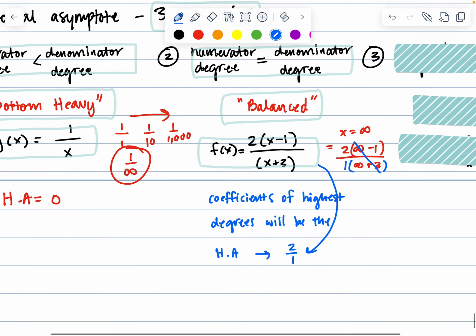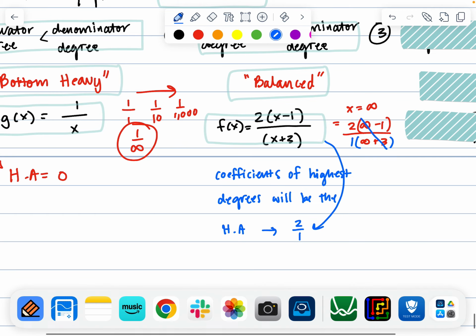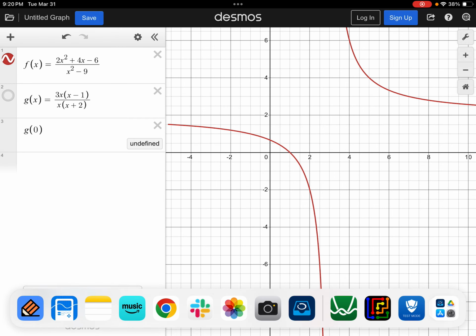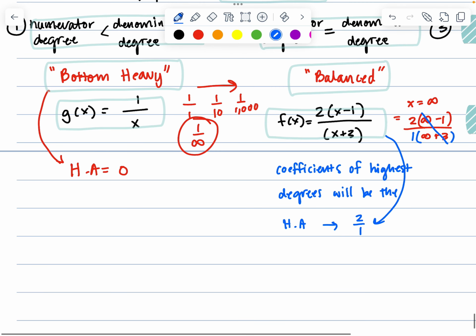And you could actually see it in our graph. Sorry, I keep referencing it. It's important for us to see this on a graph, and I highly recommend using Desmos to just kind of visualize a lot of this. At 2, we could see that horizontal line where we put a dotted line across y is equal to 2. Okay, and I forgot to put that here. Horizontal asymptote is y is equal to 0, so we would put y is equal to 0. Here we would do y is equal to 2.